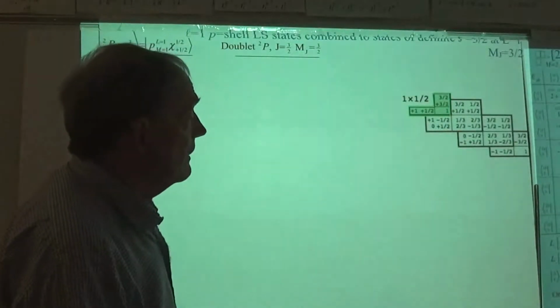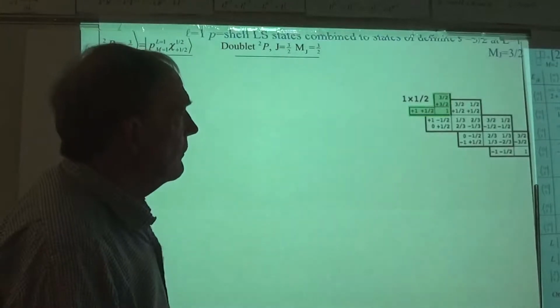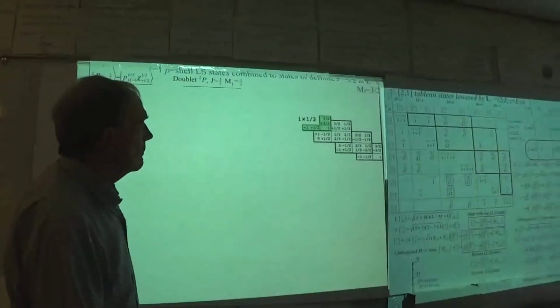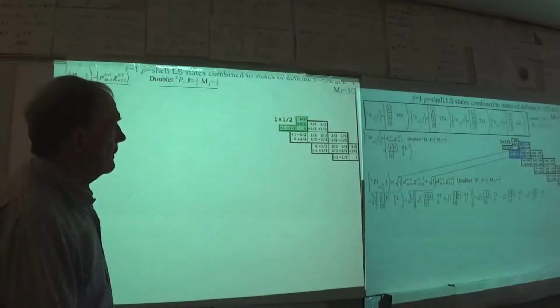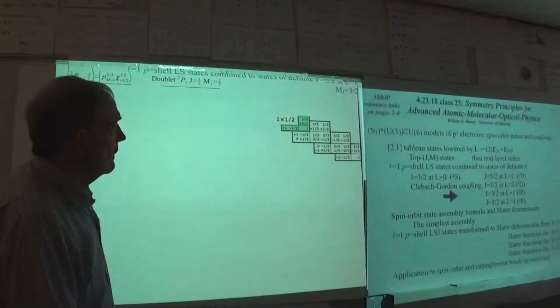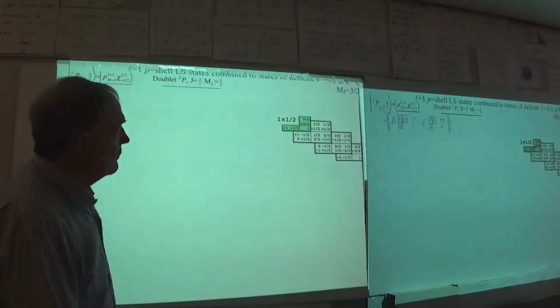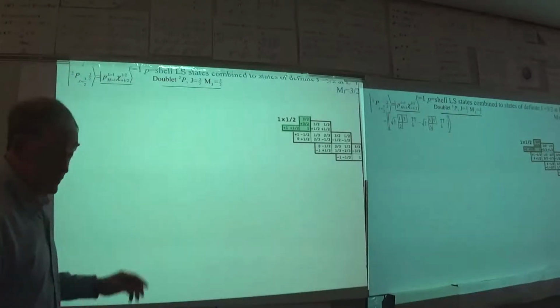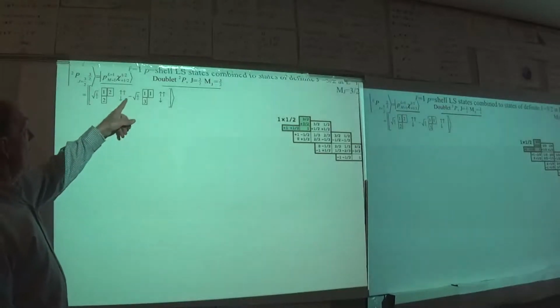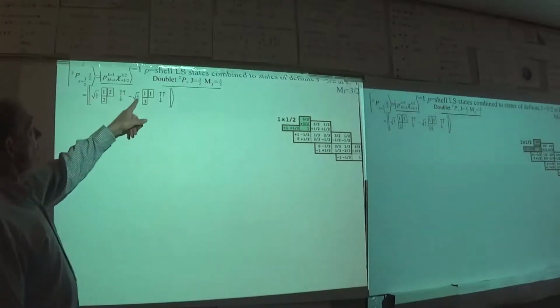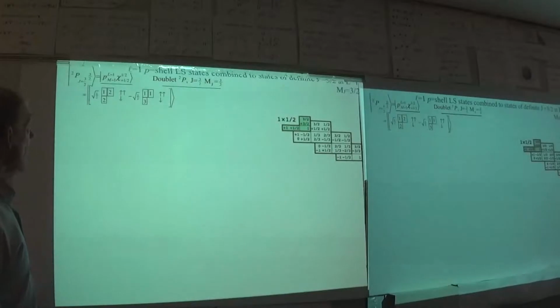Now, it's probably a good idea to keep up both these screens so we can make some comparisons, particularly when we're using formulas that show things on the other screen. So here's our starting point, and there's the first of the tableaus that go with the P. Remember, it has a minus sign, but square roots, 1 over square root of 2 in both slots there.